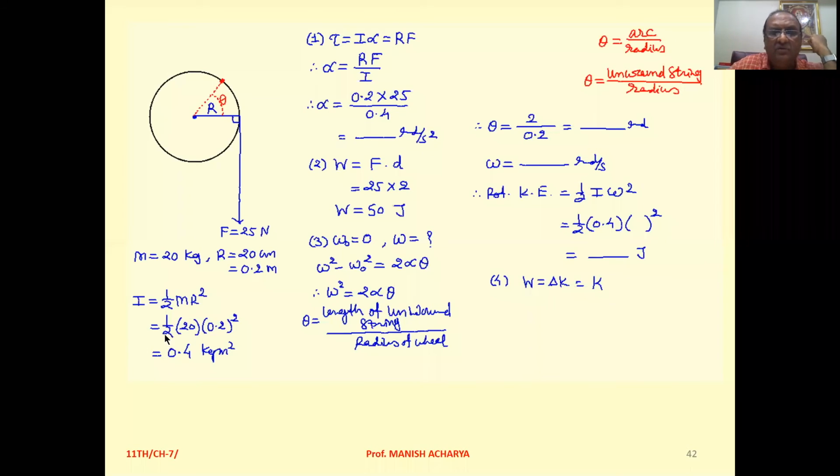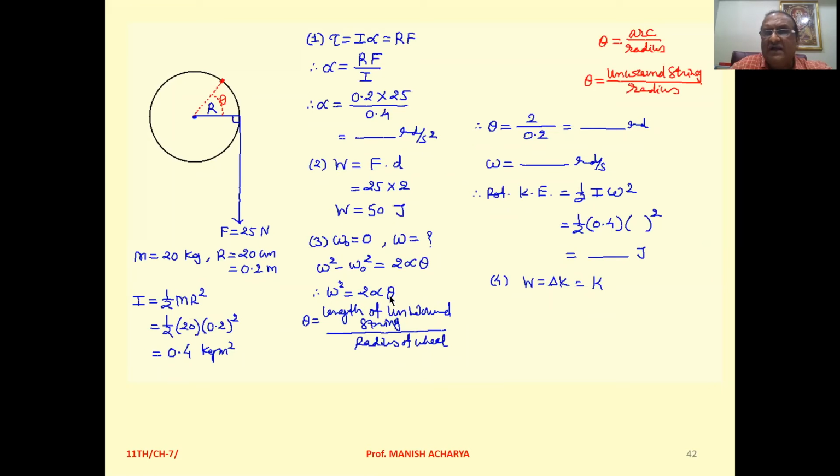I we calculated. Now see, initial angular speed is 0. Omega is what we want to find. So we can use the equation omega square minus omega 0 square equal to 2 alpha theta. Omega 0 is 0, so omega square equal to 2 alpha theta.